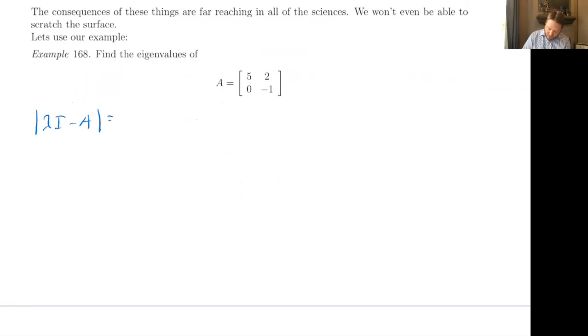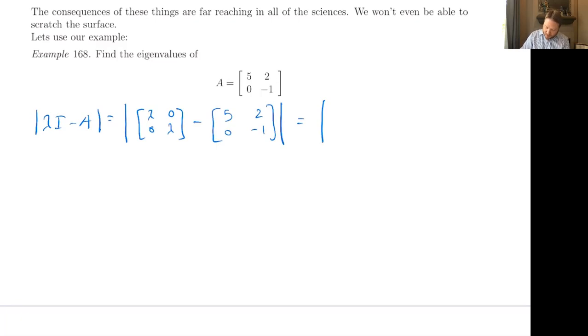So this looks like determinant of lambda I, which is 0, 0, lambda, just like that, minus A, which is 5, 2, 0, negative 1. And so I need to do all that and then take the determinant. I'm just going to work across here.